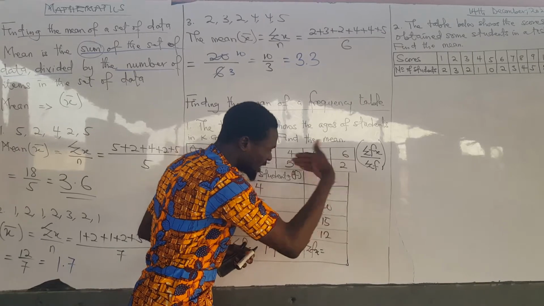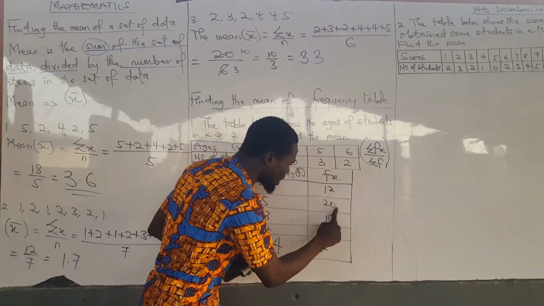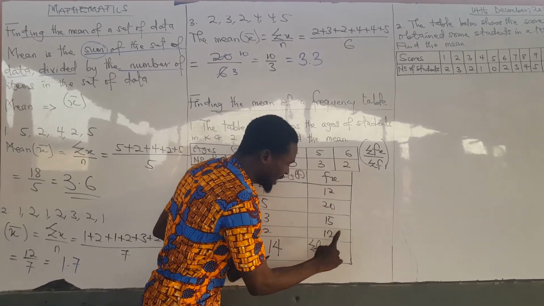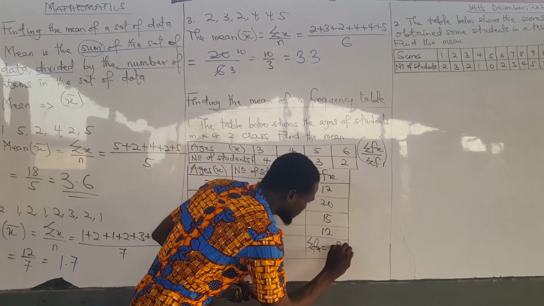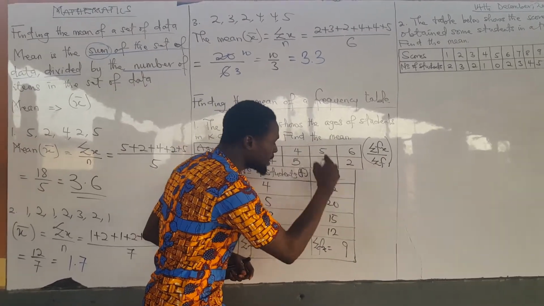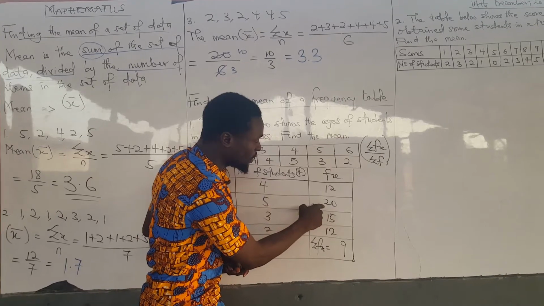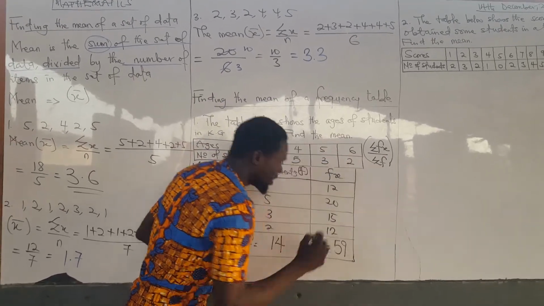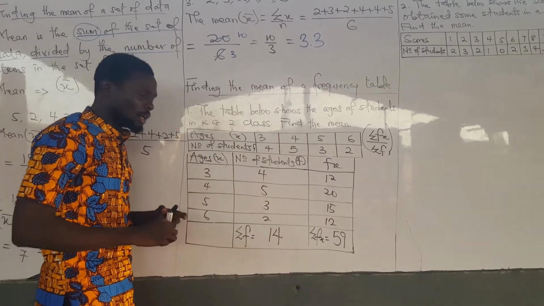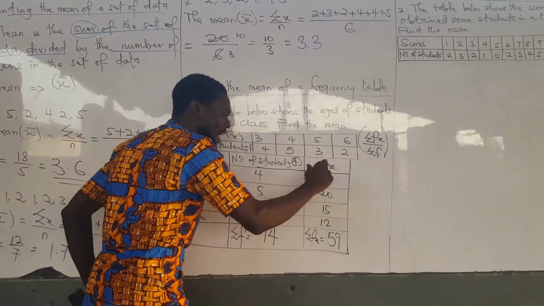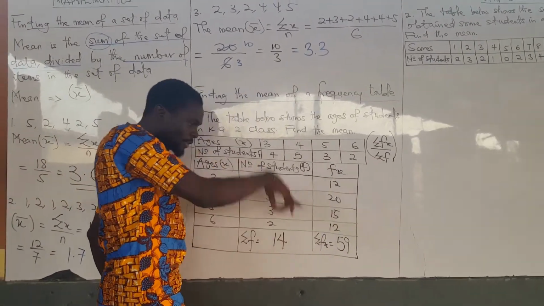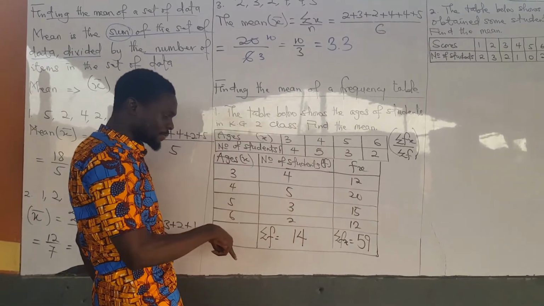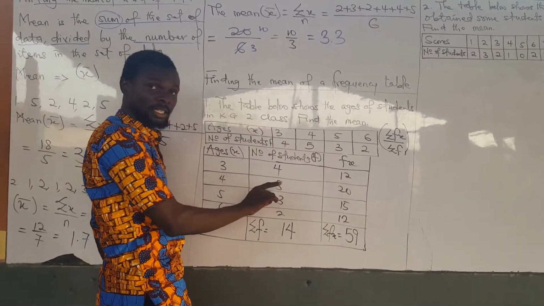So let's do it vertically. 2 plus 0, 2, 7, 9. So we have 9 here. Then 1 plus 3, 2 giving us 3, 4, 5. And this will give us 59. So now we have our sigma fx as 59 and sigma f as 14.